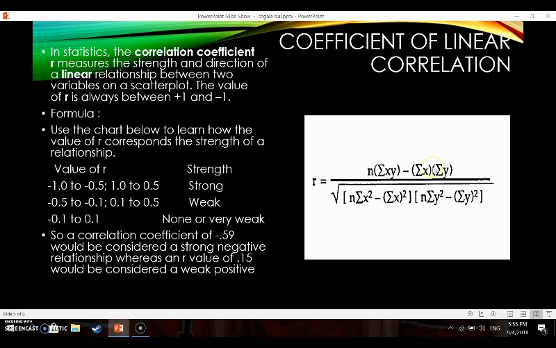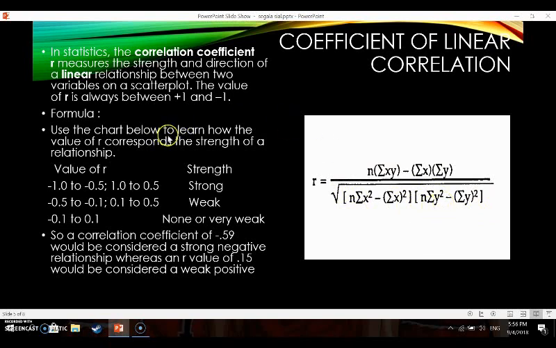If you want to understand more, basically R is equal to covariance xy divided by sx times sy. The top part of the formula is covariance of x and y, which we learned before, and below it is sx times sy.